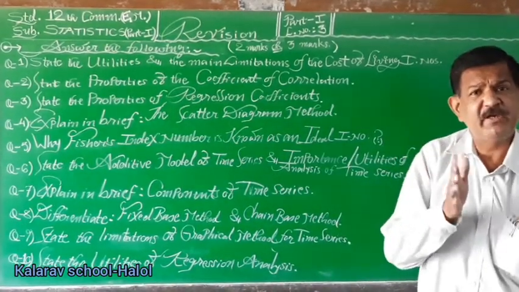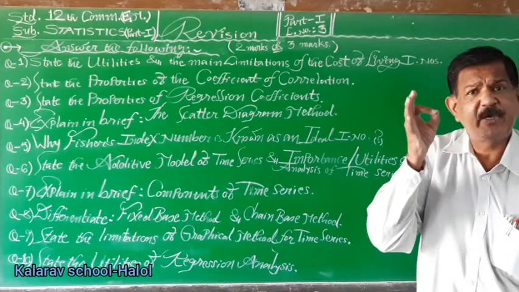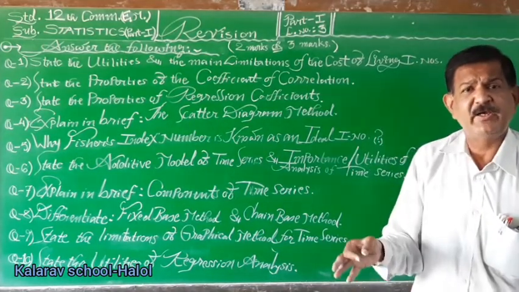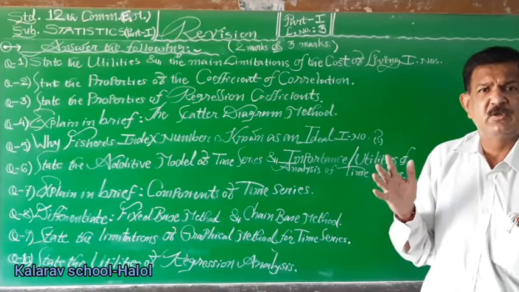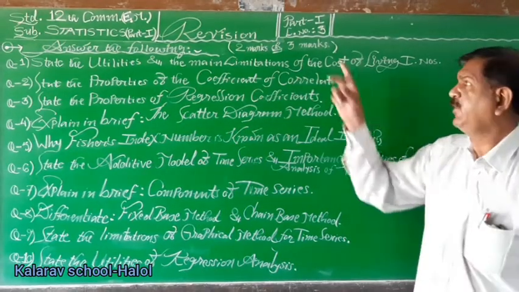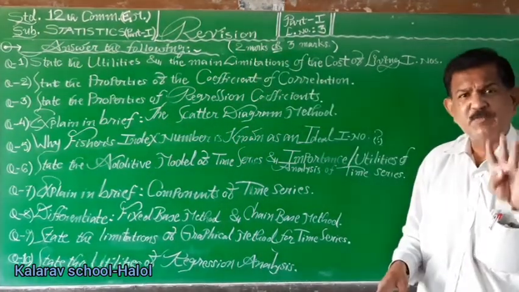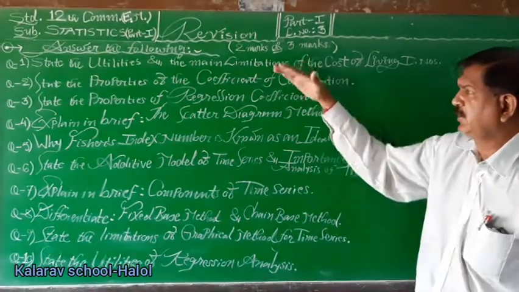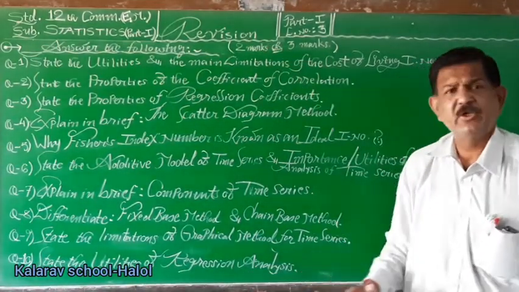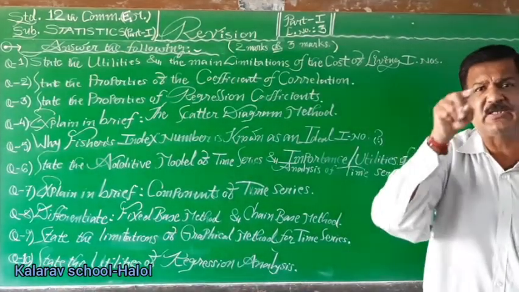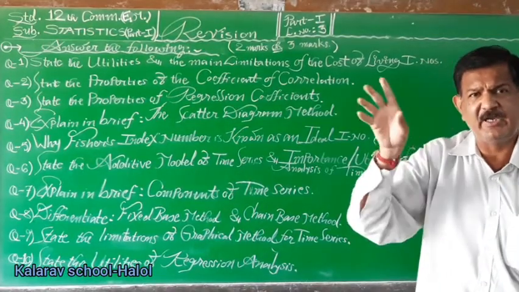But you must write the answer from the textbook only. Then you will get the marks. Minimum 4 points, then you get 2 marks. 6 points, then you get 3 marks. This type of question can be asked in section C or in section D.